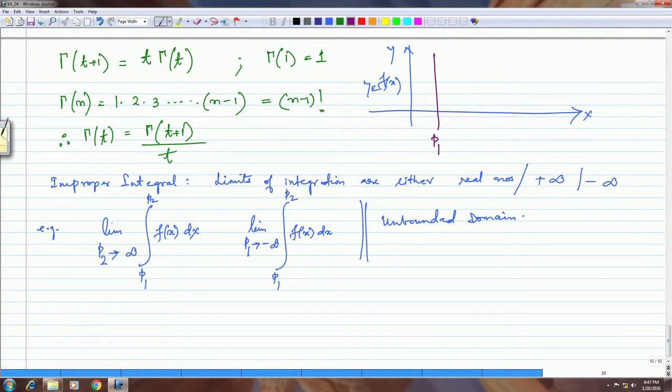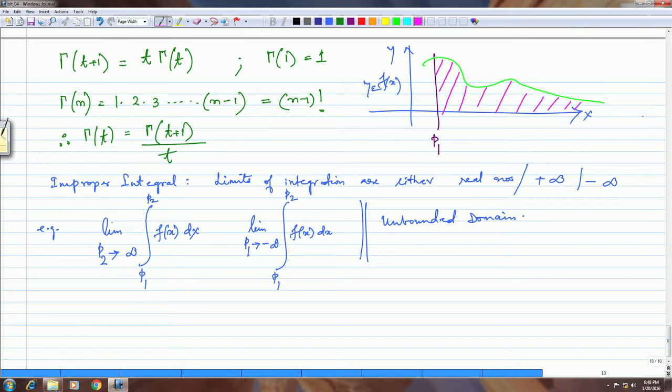If I had to integrate this, all I do is take the area under the curve. But then I wouldn't know where to stop because this is unbounded.